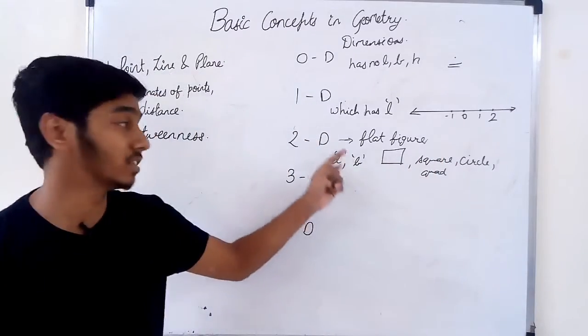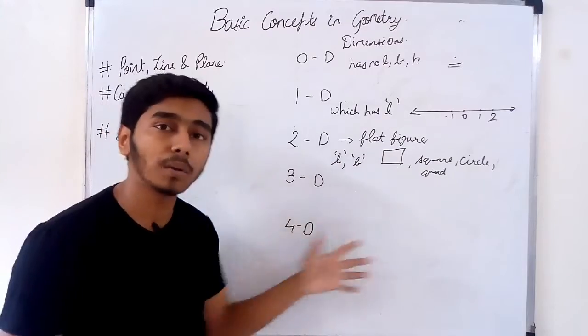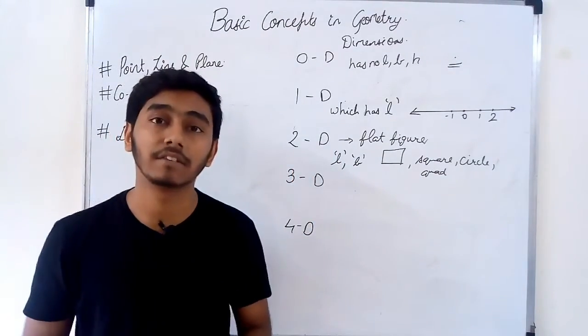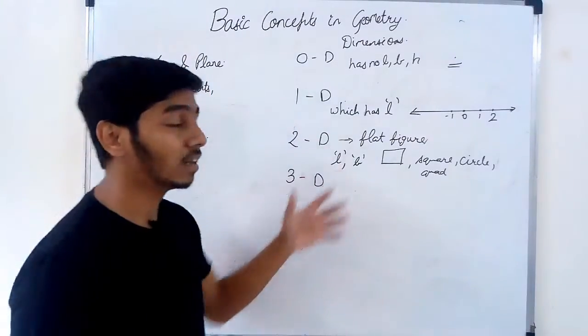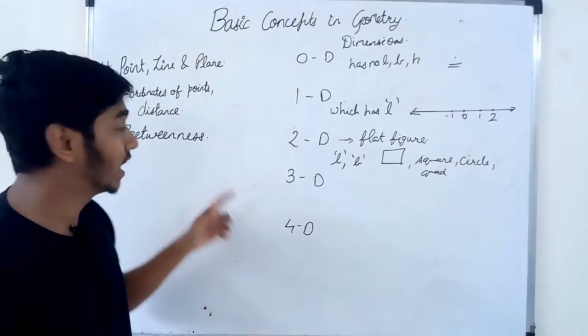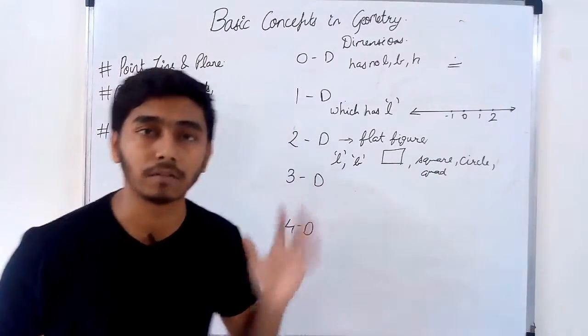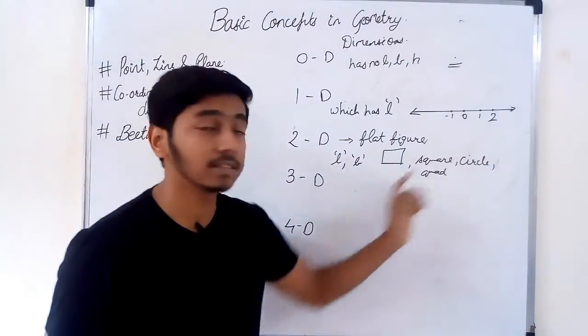Any figure which is flat, or which can be drawn on a particular surface, is called a two-dimensional figure, which is our plane. So on a single plane, which is this board, we can draw a square or circle, rectangle, triangle, whatever. That is a two-dimensional figure, and the examples are these.